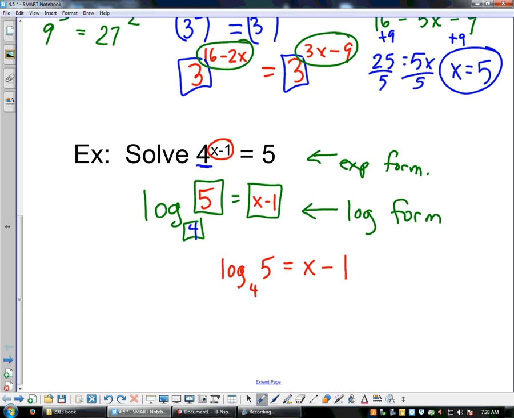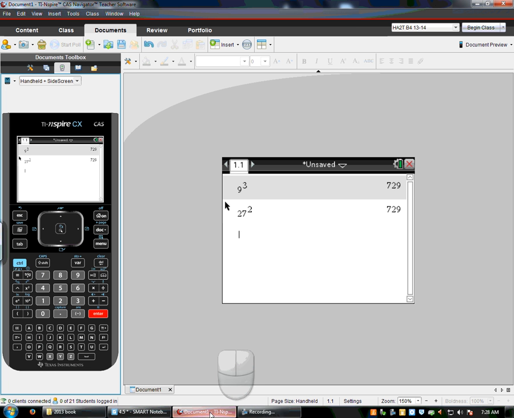And so if we want to solve this, we could figure out what is log to the base 4 of 5 on our calculator. We just go to the log button. This is not one that's going to come out to be a nice integer. We are going to go to the log button, log to the base 4 of 5. That's what we're trying to find.